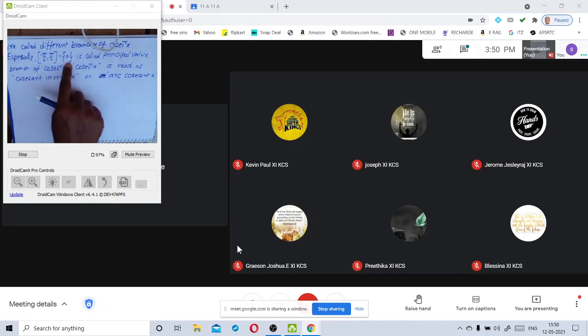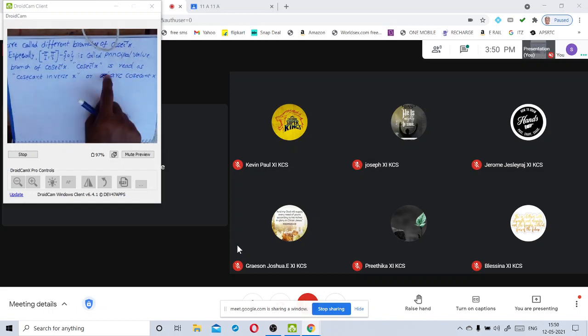Okay, my children, this interval is called the principal value branch of cosecant inverse x, and this notation is read as cosecant inverse x or arc cosecant x.